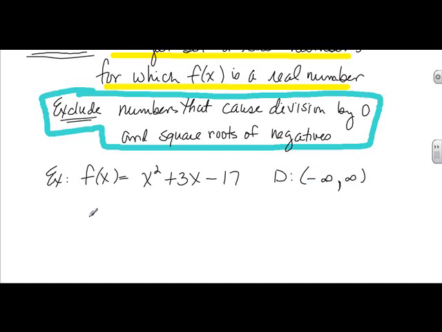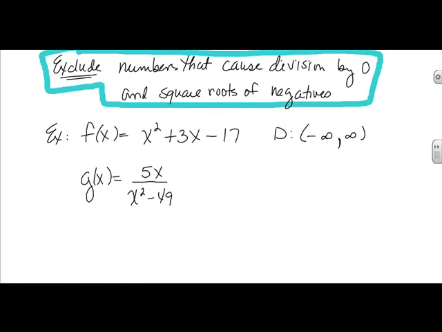Function g of x, on the other hand, is going to have a more restrictive domain. G of x is defined as 5x over x squared minus 49. And I, first of all, see a fraction here. So I know that x squared minus 49 should not ever be allowed to equal 0.